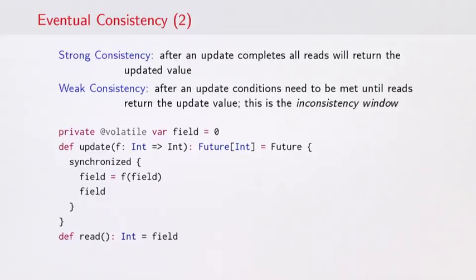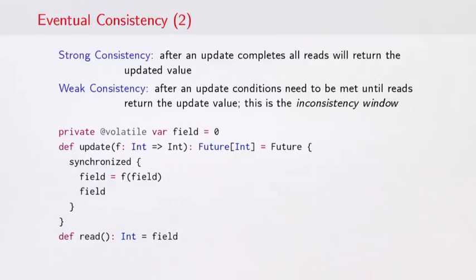We can remove the need to block the calling thread by moving the synchronization into another execution context. Here, this synchronized block is executed in a future. That means that the update method, which takes this function, does not return the new value itself. It returns a future of that new value.